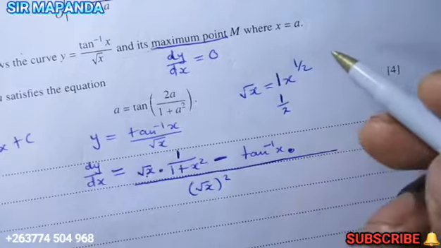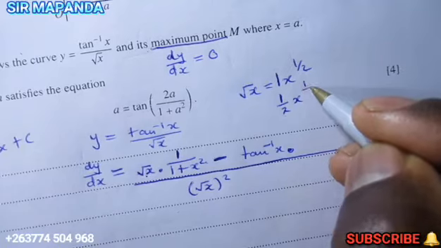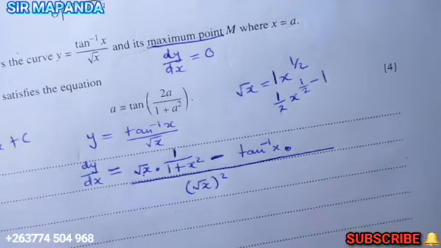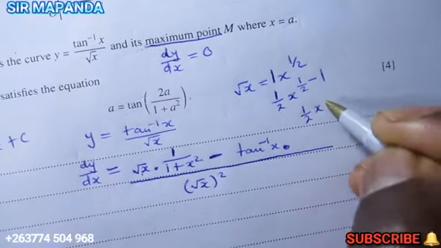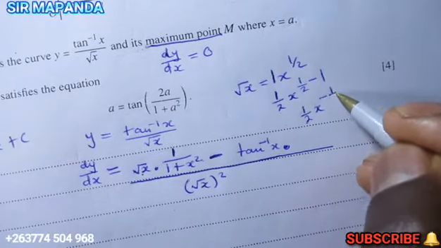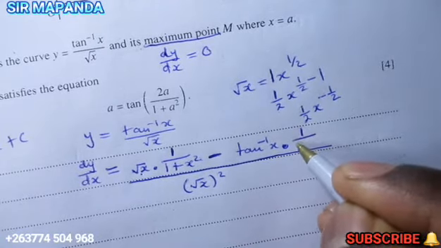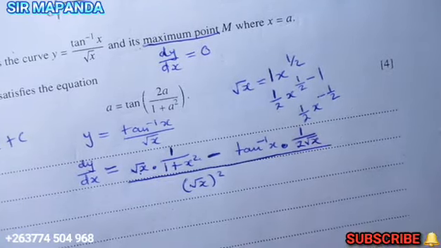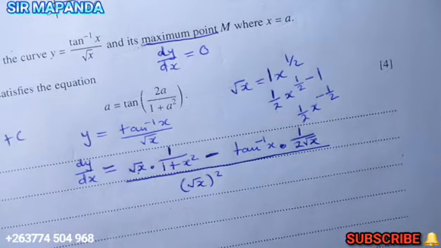There is a silent one here, so half times 1 you get half. You put x, then you subtract 1 from the half. So you come out with half x to the power of half minus 1, you get minus 1 over 2, which can be written as 1 over 2 root x, applying the laws of indices. I hope you are listening, class.